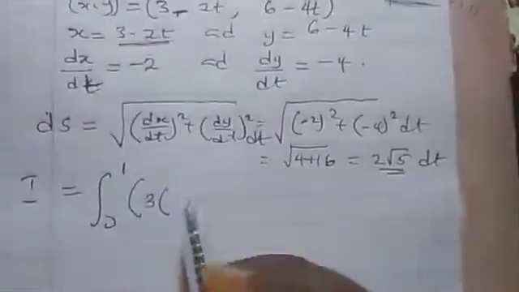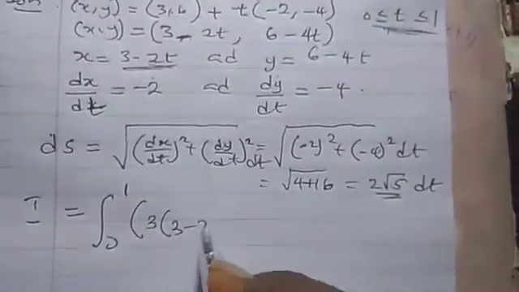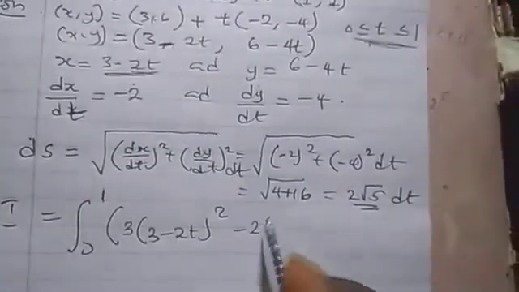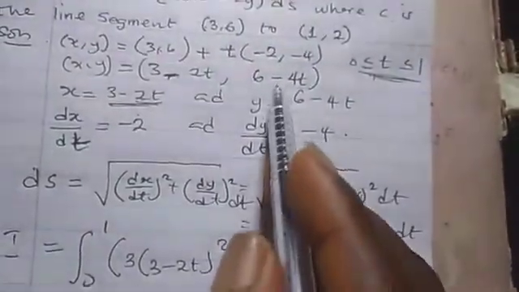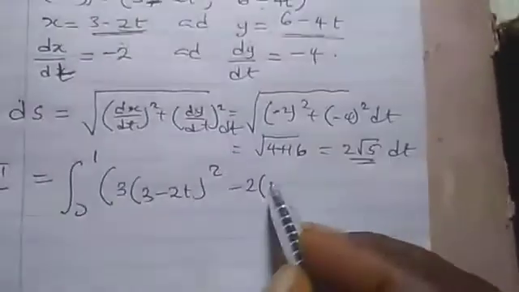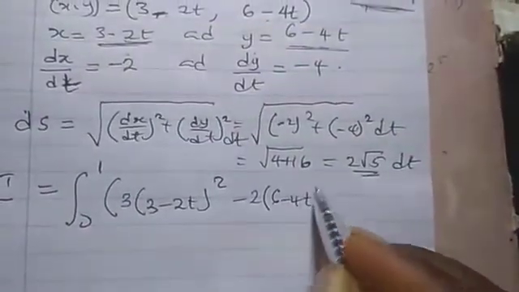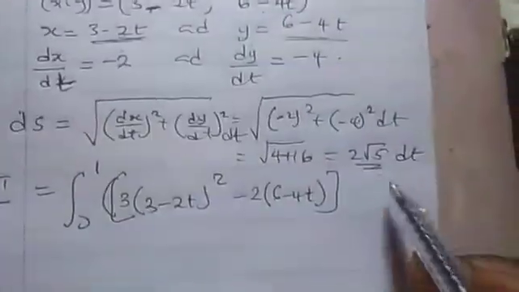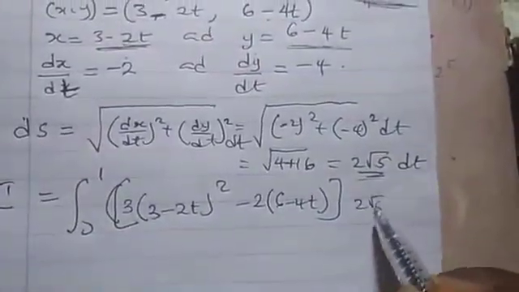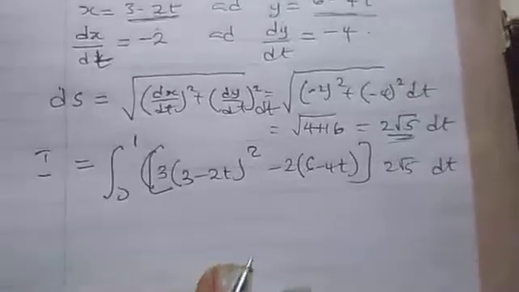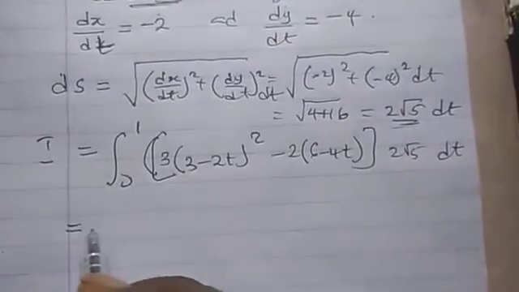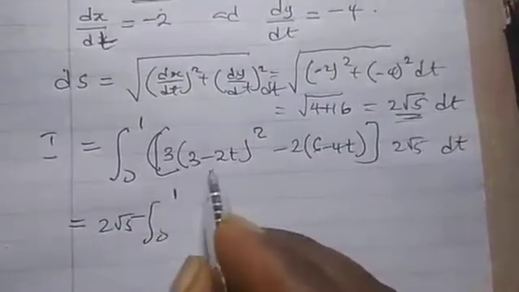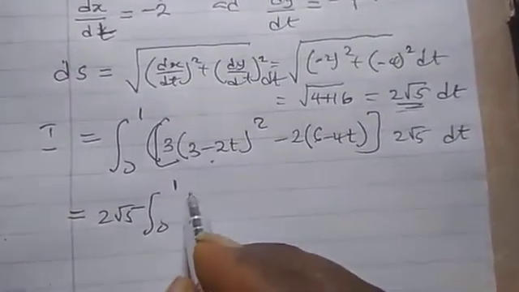That is 3 minus 2t squared minus 2y. This is our y. 6 minus 4t. ds. This is our ds, 2 root 5 dt. So 2 root 5, you can bring it here as constant. We are left with this.